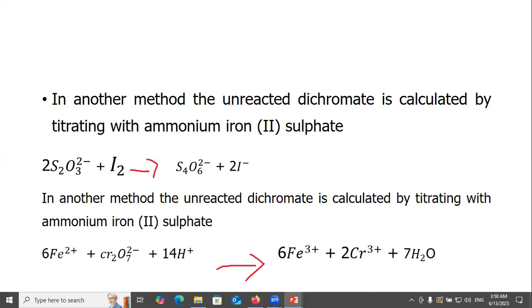In another method, the unreacted dichromate is calculated by titrating with ammonium iron sulfate.